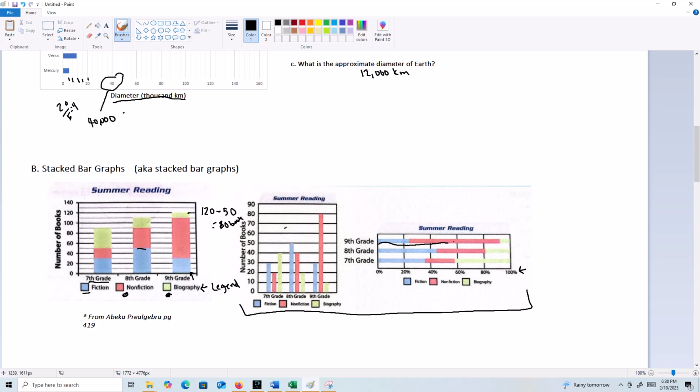These are horizontal lines. And this stacked bar chart has each category broken out over each subcategory of book broken out over the entire category of 7th grade.